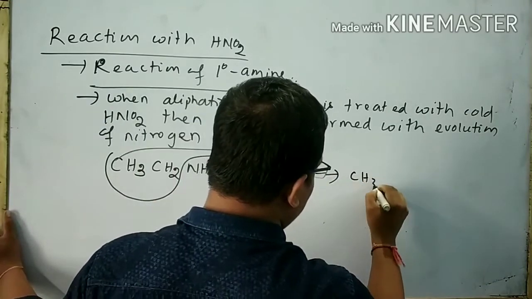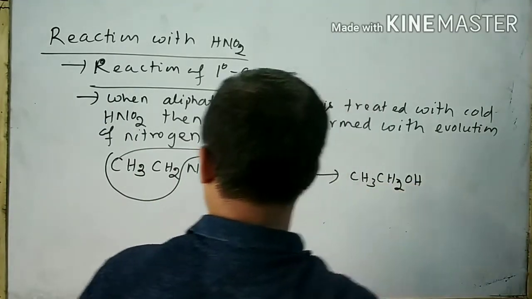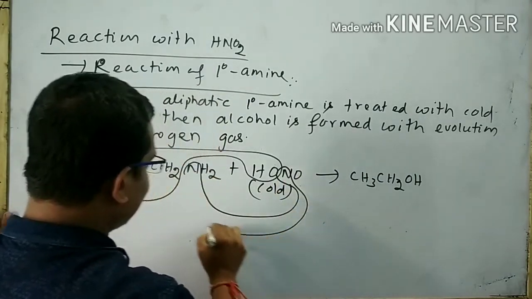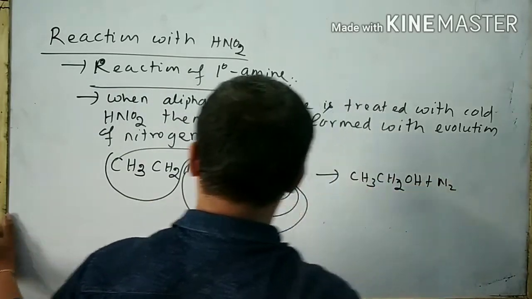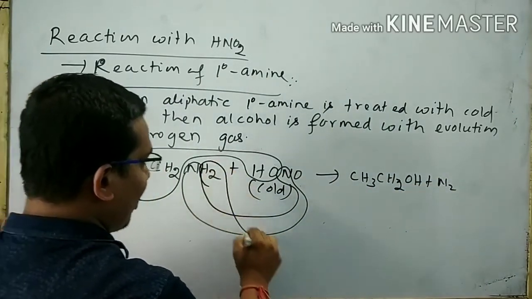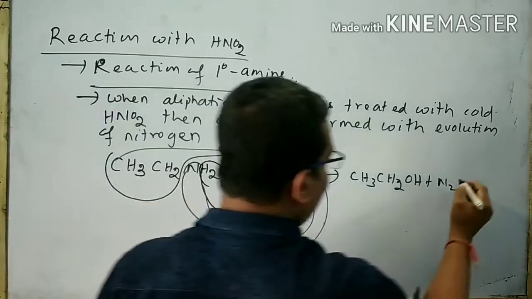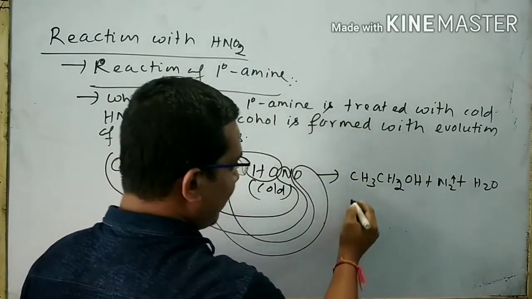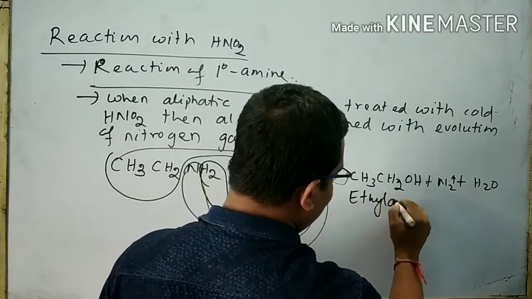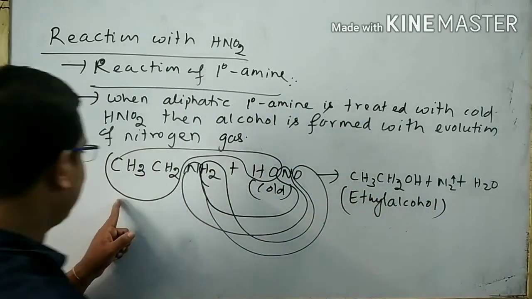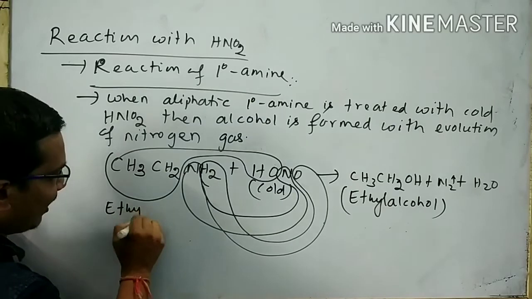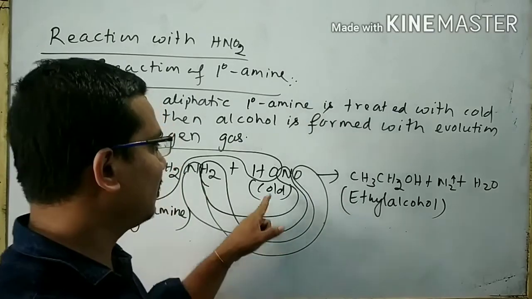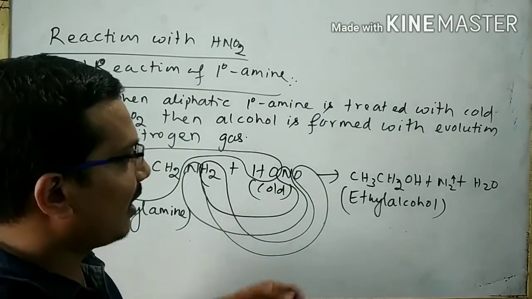The main product is CH3CH2OH, that is ethyl alcohol, and the byproducts are nitrogen gas and water. The name of this compound is ethyl alcohol, and the name of this compound is ethylamine.